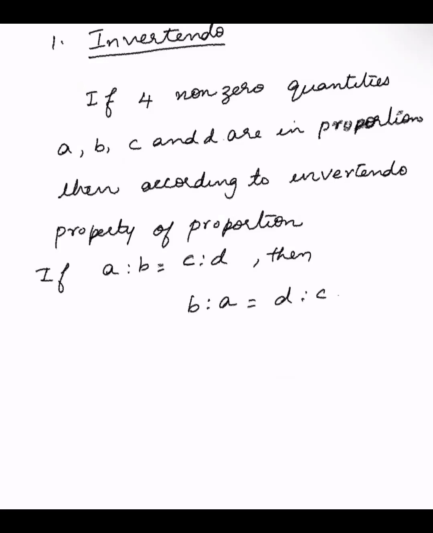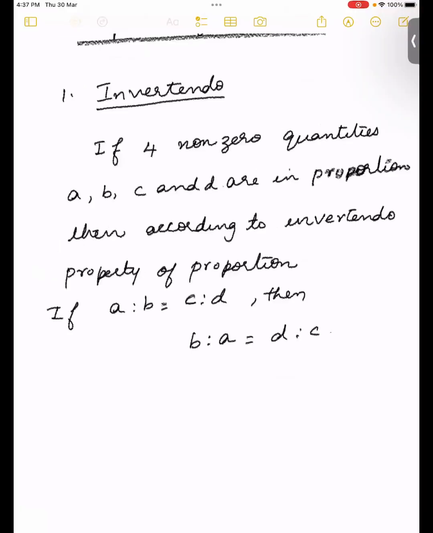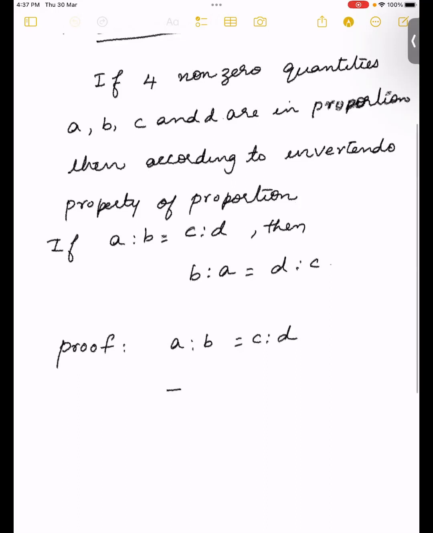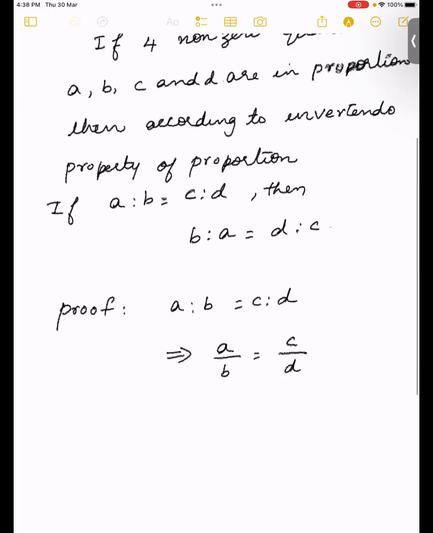I'll give you the proof. A is to B equal to C is to D. We'll start with that. See, they will never ask you the proof for the exam, so just understand it, that's all. A is to B equal to C is to D means that A by B equal to C by D. All of you know till this point.